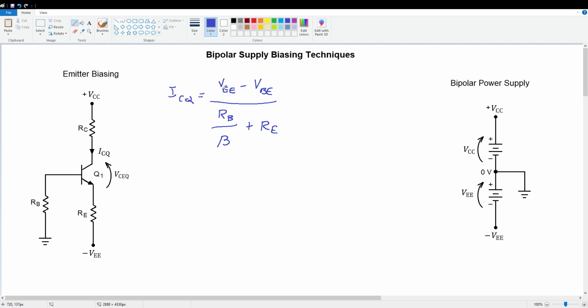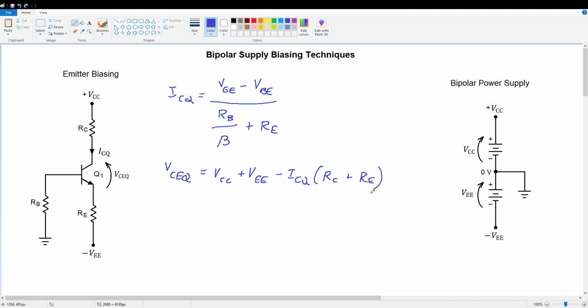All right, VCEQ. Well, let's see, we've got a total potential from top to bottom of VCC plus VEE, and we're just going to subtract off the drop across RC and the drop across RE. So VCEQ is VCC plus VEE minus ICQ times RC plus RE.